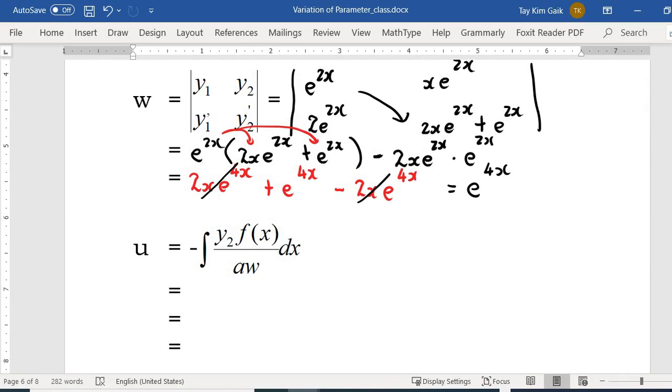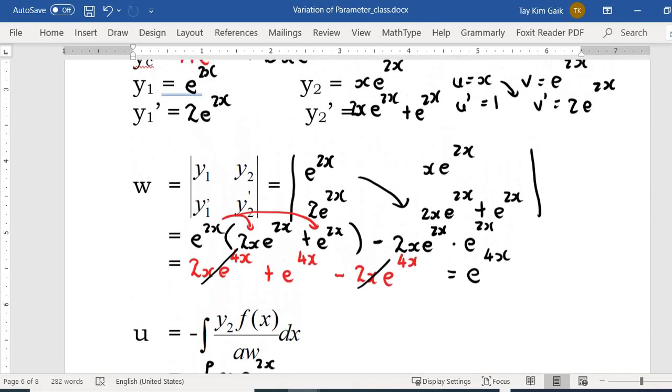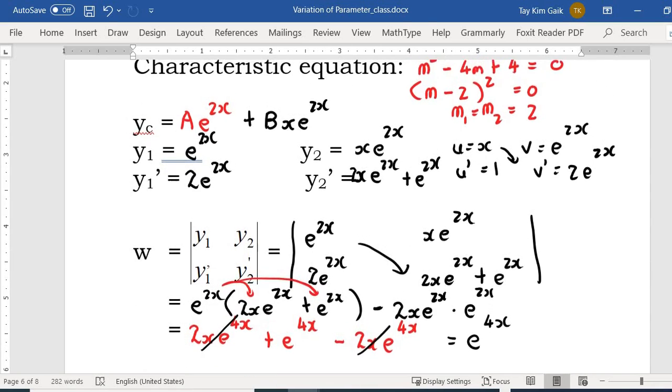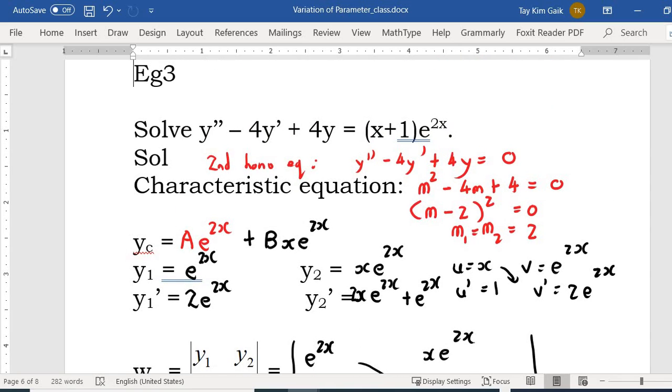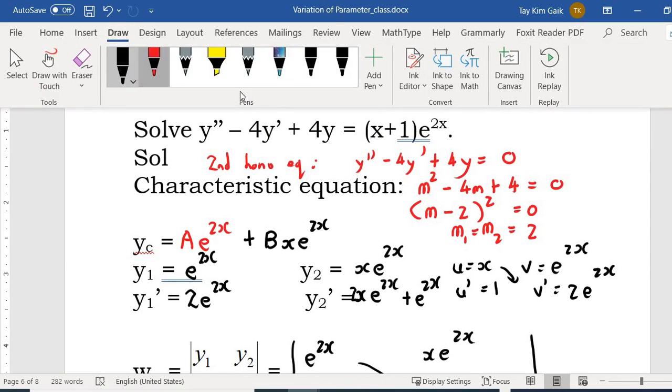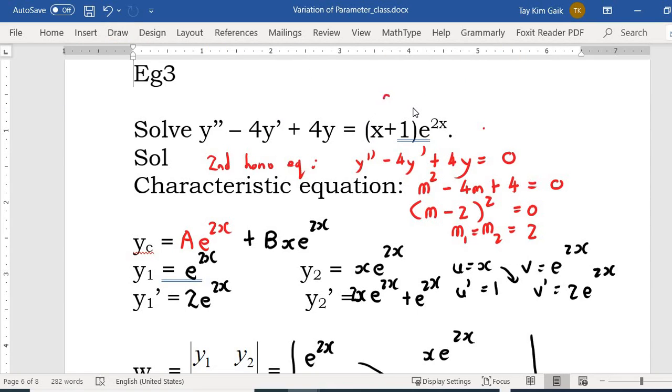Okay, u, you have negative y2, which is here, x exponent 2x, times fx. Obtain the fx from the right hand side of the ODE. So this part is the fx. So a in this case is 1. So fx is x bracket x plus 1 times exponent 2x.